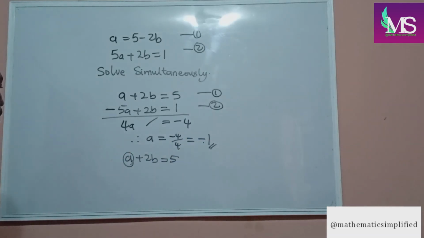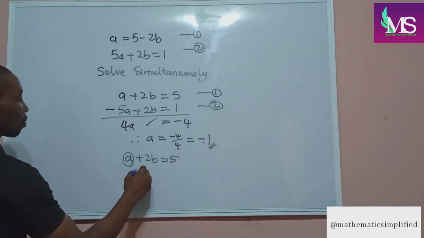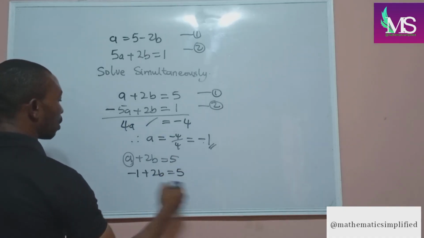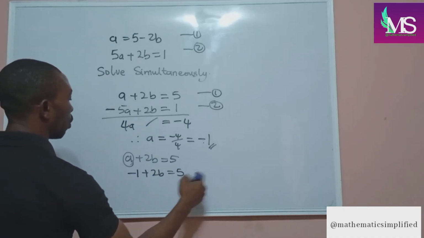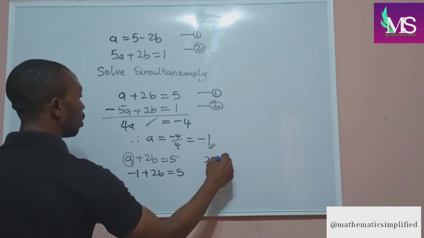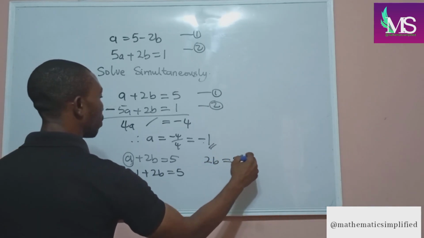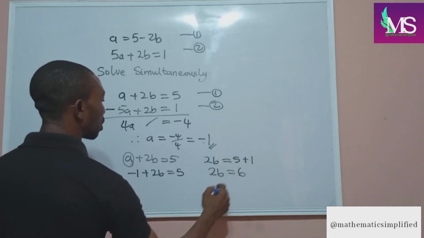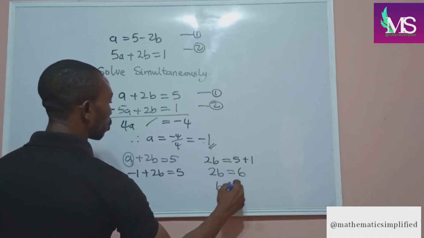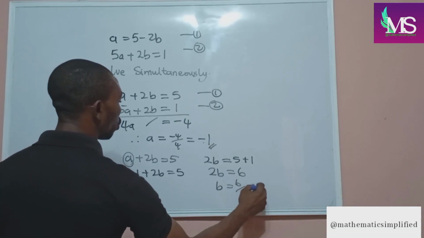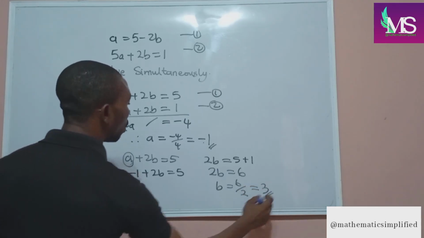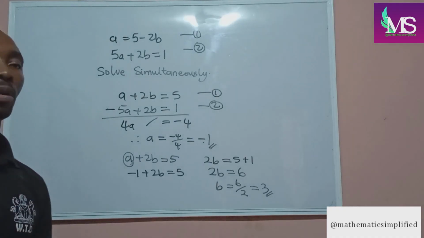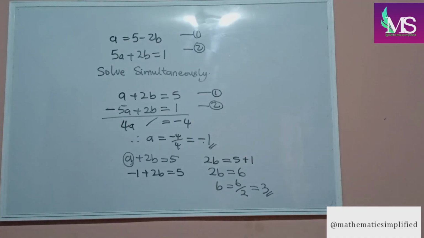So this becomes minus 1 plus 2b equals 5. The 1 going over becomes plus, so we have 2b equals 5 plus 1. So 2b equals 6, and b equals 6 over 2, which gives us 3. So the value of a is minus 1 and the value of b is 3.